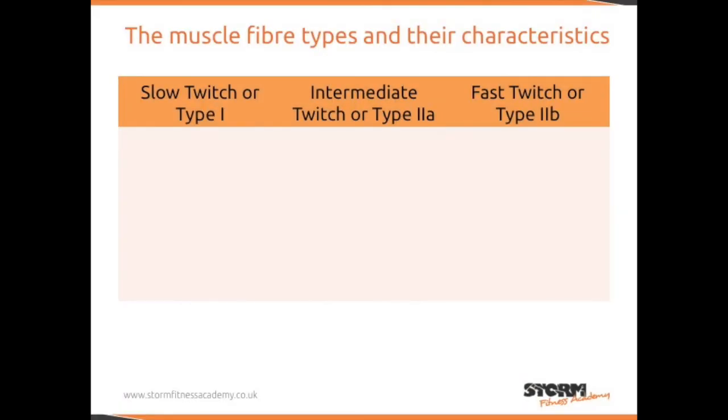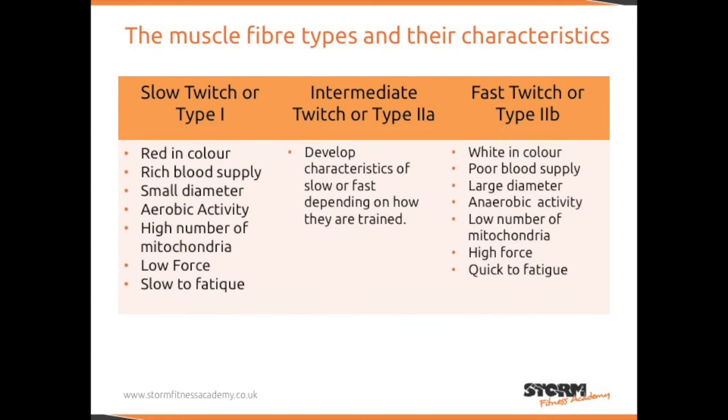The muscle fibre types and their characteristics. Muscle fibres come in different types: slow twitch or type 1, intermediate or type 2A, fast twitch or type 2B. Now, slow twitch, also known as type 1, are generally red in colour.